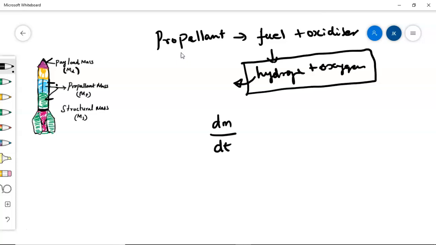As it is burnt, dm by dt is the mass loss of the fuel in every second. In every second, the combustion engine is burning the fuel, and the fuel produces heat energy.